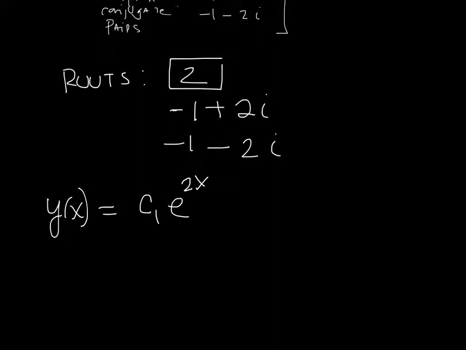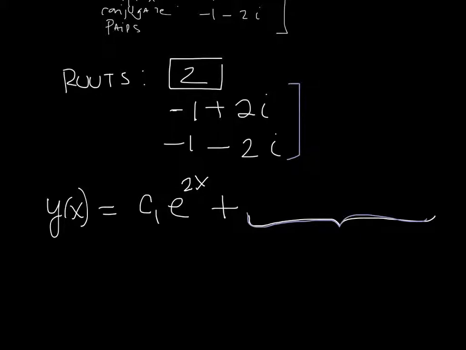Okay, so that's done, but we still need to fill in another part. Well, that other part is going to come from these two complex roots. So what's the theorem? I'm looking at your book, complex root.